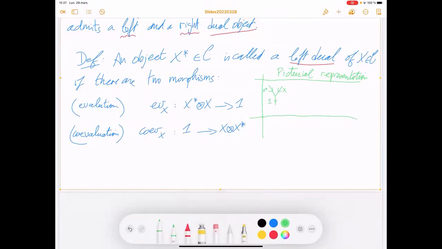It's the usual way to represent an element in the home space from X tensor Y to Z. Because the object 1 can be represented by just an empty edge, the usual pictorial representation is like that.